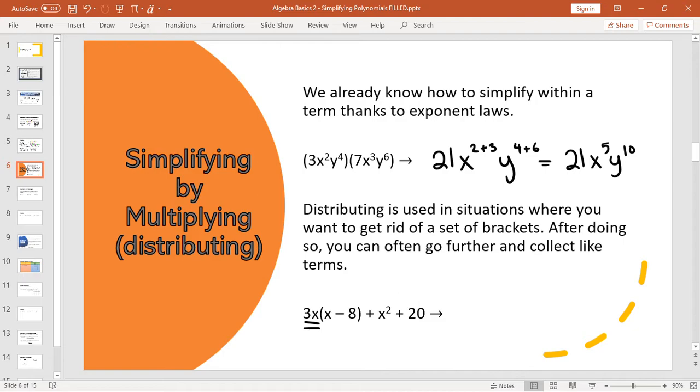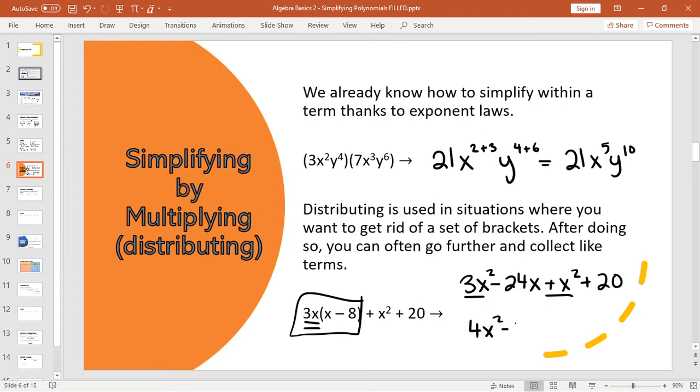So I'm just going to show you how to distribute on the next slide, but if I were to actually do this math, this whole thing will turn into 3x squared minus 24x. And then I have my leftover pieces, and suddenly I find myself in a place where I can combine a couple of these using simplification by addition and subtraction, and I end up with 4x squared minus 24x plus 20.